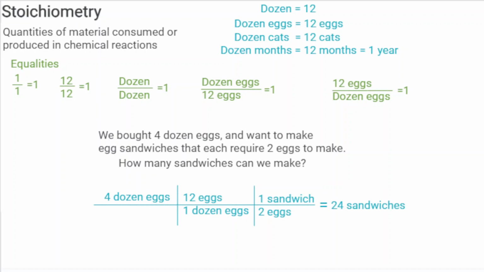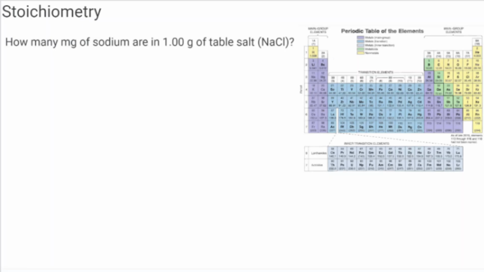And so this is essentially how unit conversions, or dimensional analysis, work. Now for stoichiometry, we're normally dealing with chemical species. So let's look at an example with a little bit more chemical focus. If we want to determine how many milligrams of sodium there are in 1 gram of table salt, or sodium chloride, we can go through and solve this.